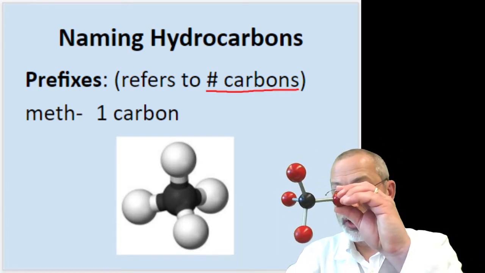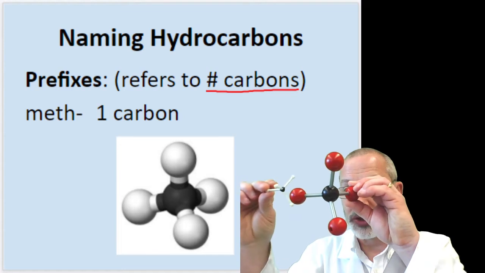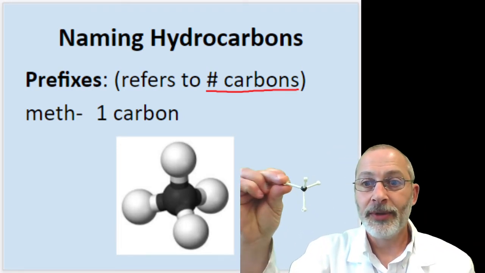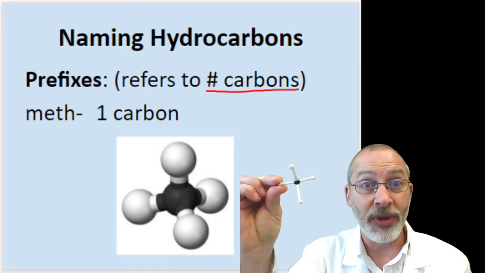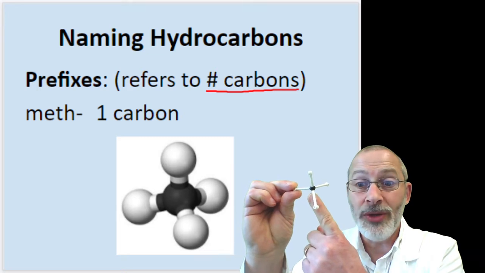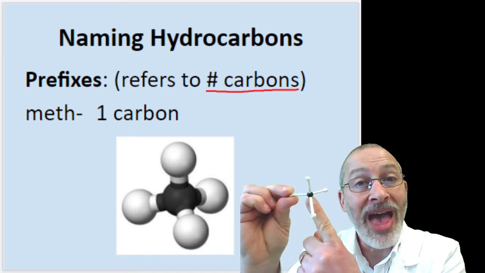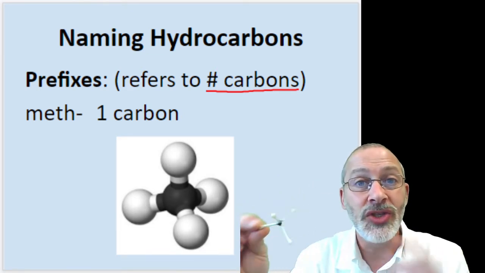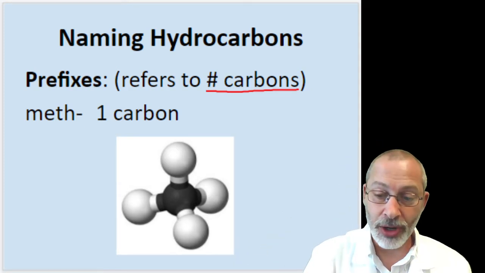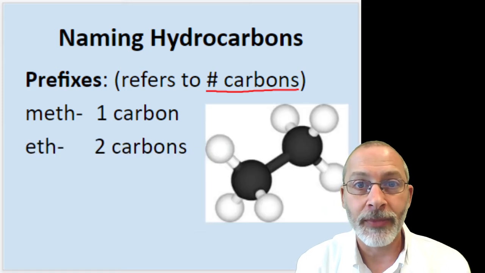And if I were to use another model of a smaller size, same principle here, this compound, whatever it is, and before the end of the period today, you're going to know what to name this, but it's going to begin with the prefix meth because meth means one carbon. So whenever you see meth, you know it's talking about one carbon.